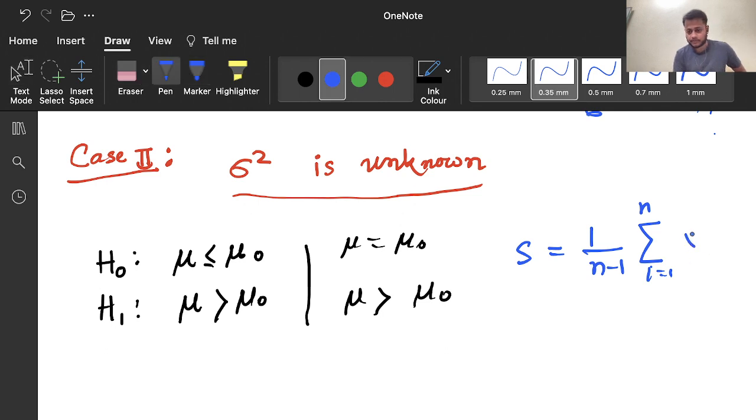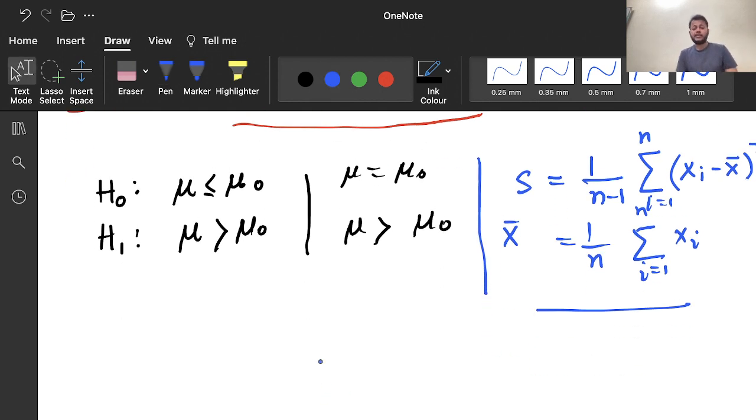Sample variance is 1 by n minus 1 summation of (xi minus x bar) whole square, and x bar means 1 by n summation of i equal to 1 to n xi.